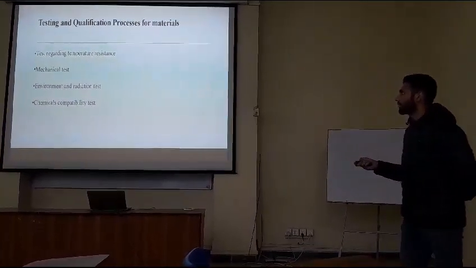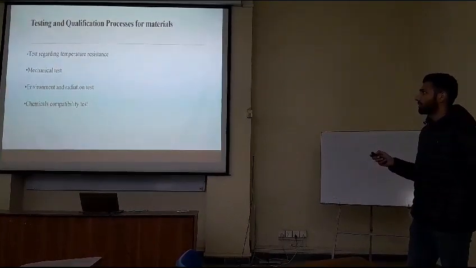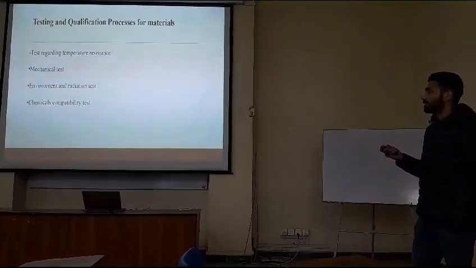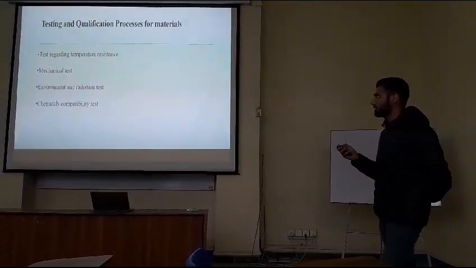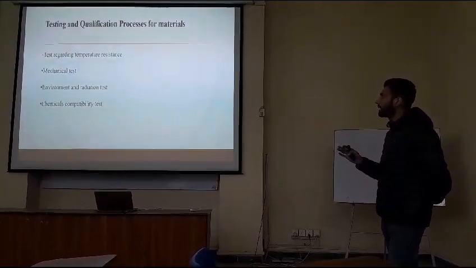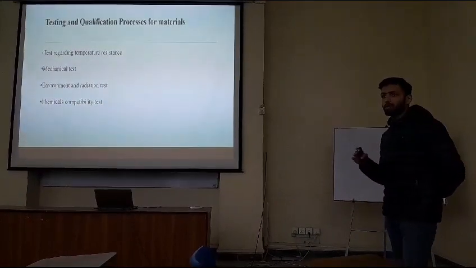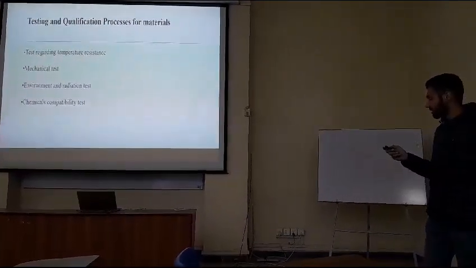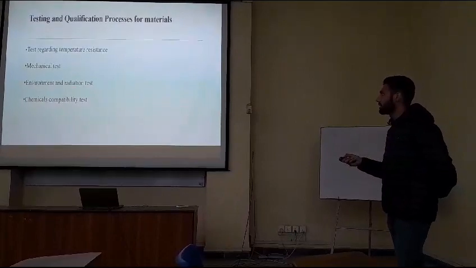And also the mechanical test. The material needs to be strong, but the mechanical tests don't necessarily select the strongest material. The material needs to be strong, but it needs to be lightweight. The other is the environment and radiation test.